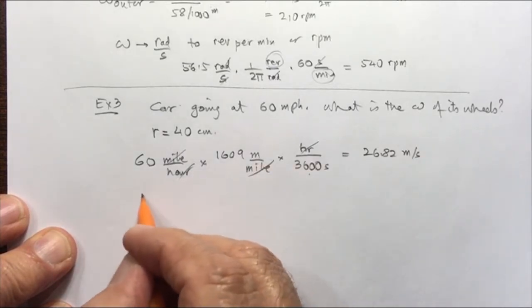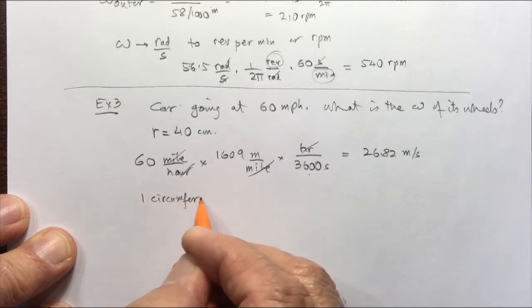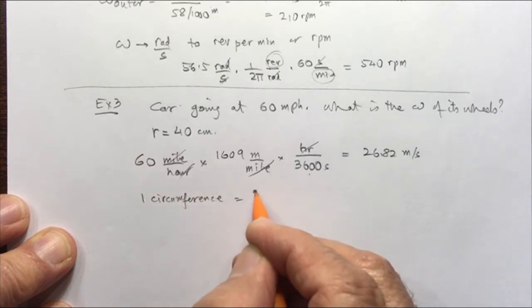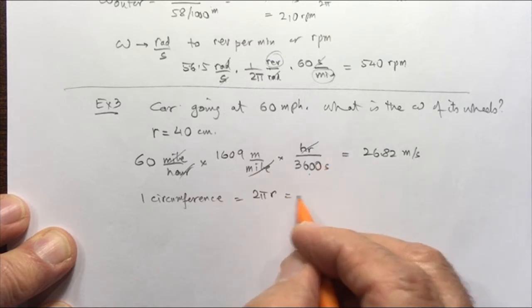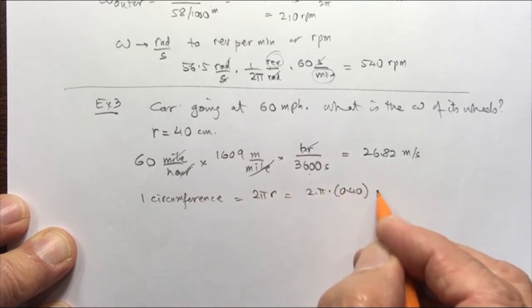Now, one circumference of the wheel is 2 pi r, and that's going to be 2 pi times 0.4 meters.